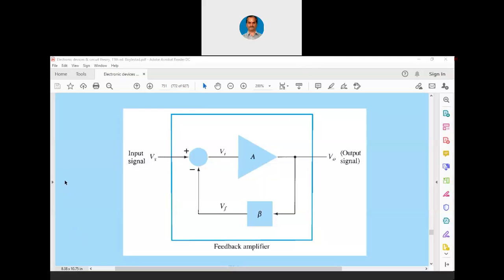In yesterday's class, I was explaining this particular block diagram to you, and I was telling that the obvious advantage of negative feedback is increase in bandwidth in spite of the reduction in gain. As such in life, whenever we want to gain something, we should be ready to lose something else.